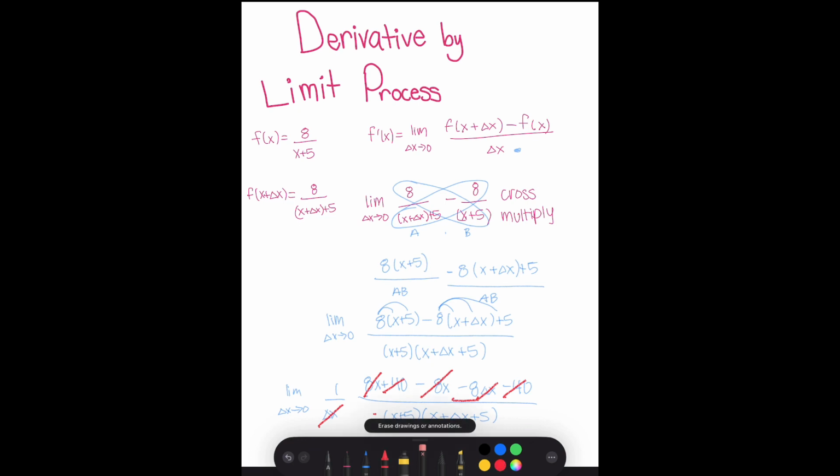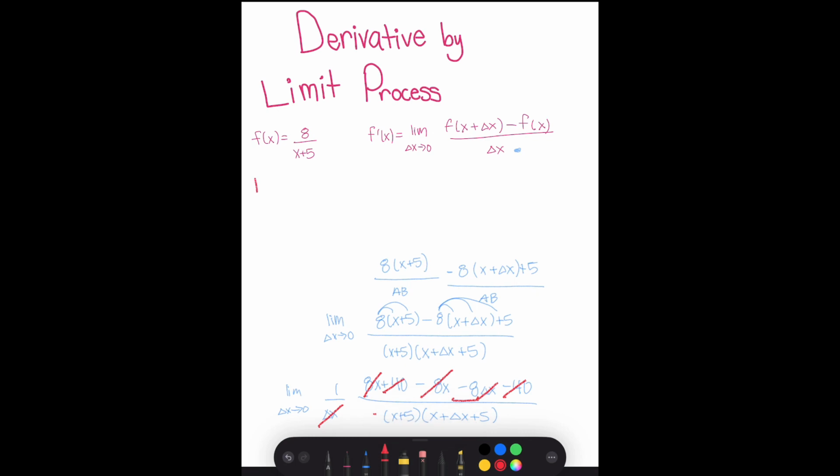So now we can take the limit as delta x approaches 0 of our expression. So we have the limit as delta x approaches 0 of negative 8 over x plus 5 times x plus delta x plus 5.